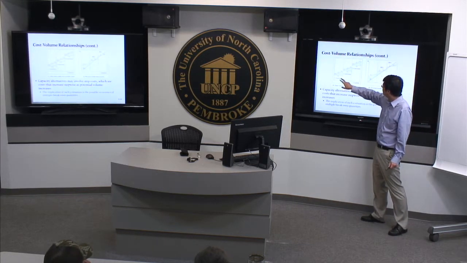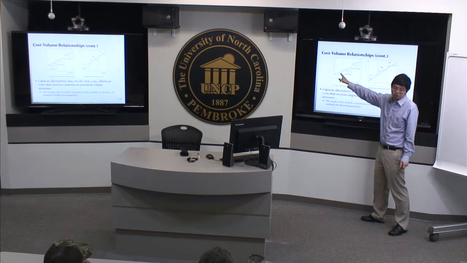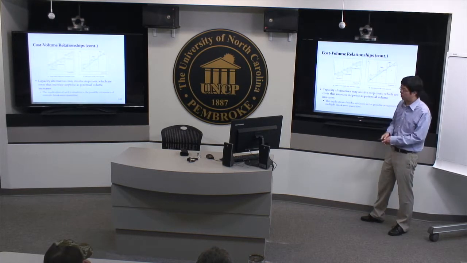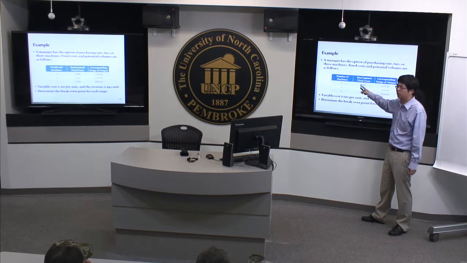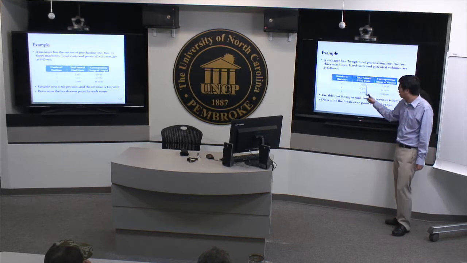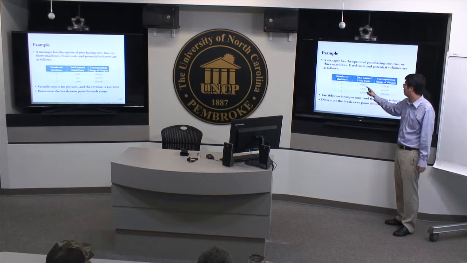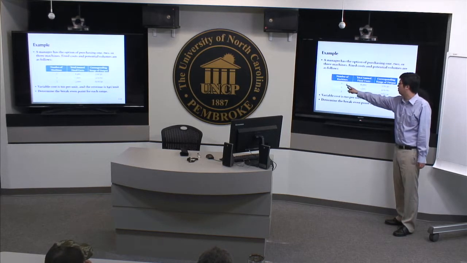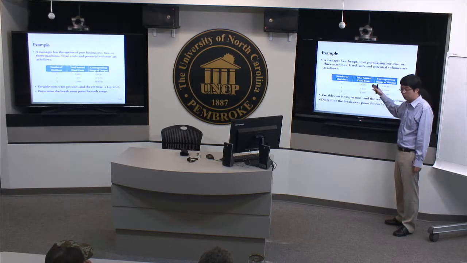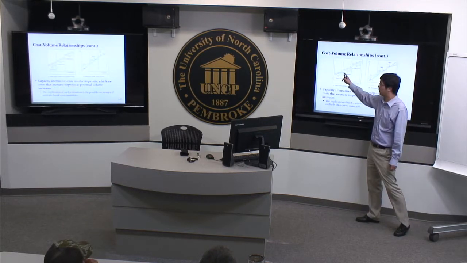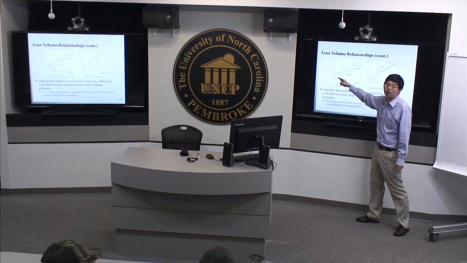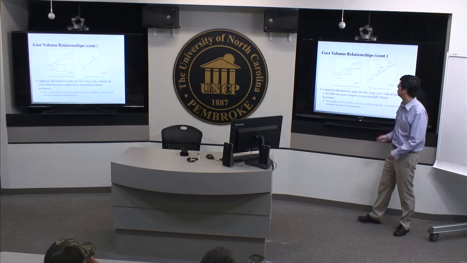You can see that the total cost line is different with different capacity. That's understandable if we go back to the example, because the fixed costs are different. It's not a linear relationship. It doesn't mean double the fixed cost when we move from 1 machine to 2 machines. So that's why these total cost lines are not the same for 1 machine, 2 machines, and 3 machines.